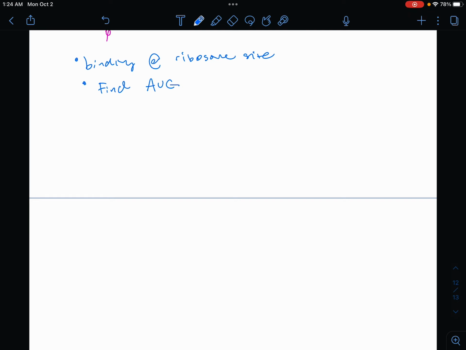Again, that's a start codon, and then it'll read every other 3 afterwards. And then in bacteria, we're going to start with something called F-methionine instead of just regular methionine.